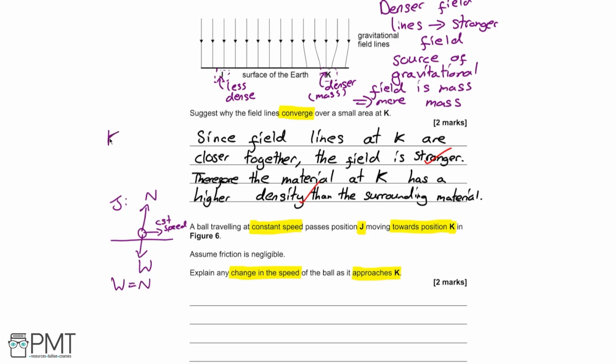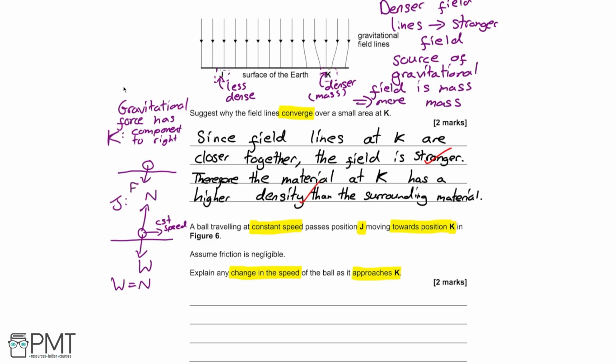When we're near K, though, what's happening is our gravitational force now has a component going to the right. This is because the field lines point down and to the right, so there is a component going to the right. So what we see then is that the forces acting on the ball are modified to something like this. We have some component of the gravitational force which is going downwards.